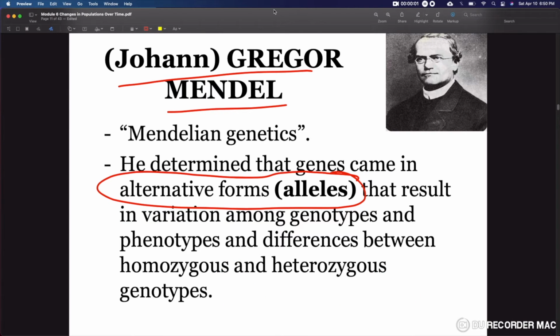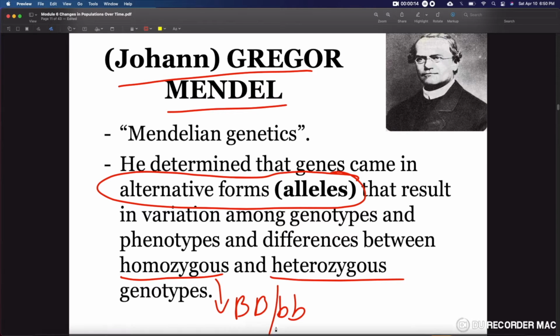And of course, we have also discussed homozygousness and heterozygousness. Again, the homozygous genotype would be these two, homozygous dominant and homozygous recessive. The heterozygous genotype would only be this one, heterozygous dominant. Okay, the big B and small b.